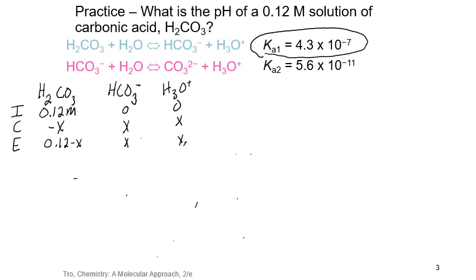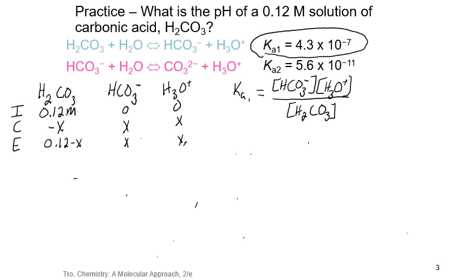All right, so we can look at our Ka expression, and in this case we're looking at Ka1, products over reactants. We're going to make the assumption that x is going to be small because our Ka is quite small compared to the initial concentration of the acid.